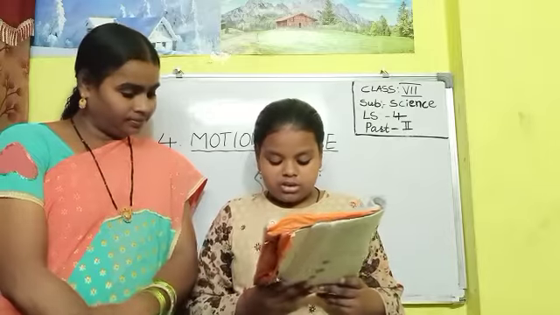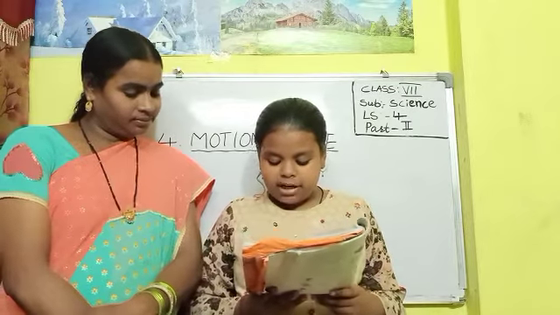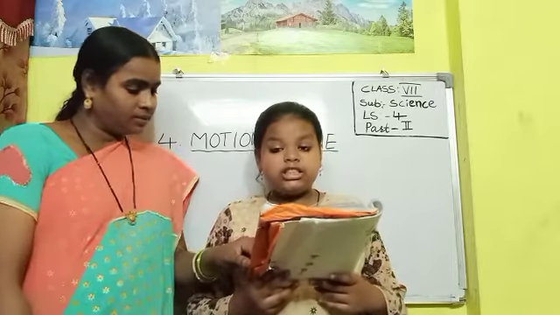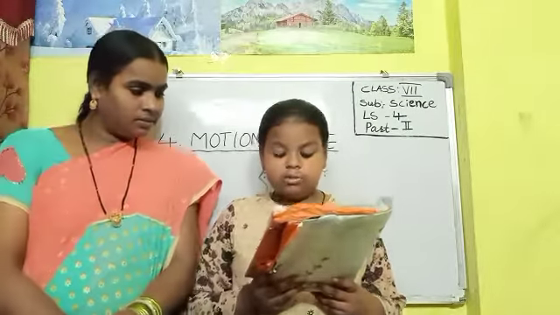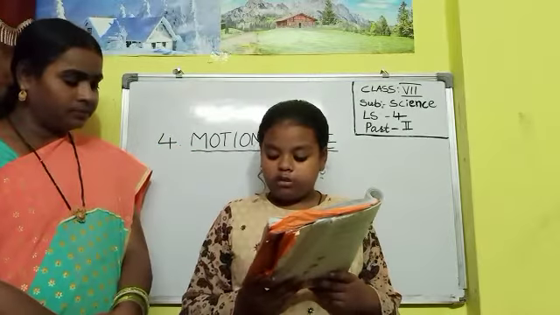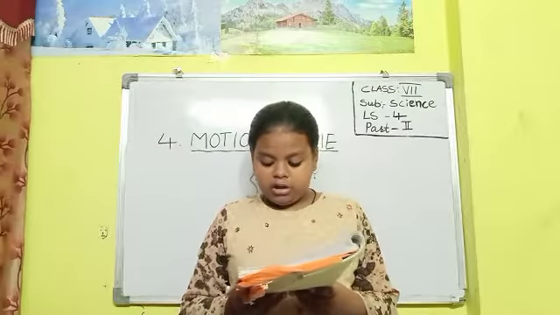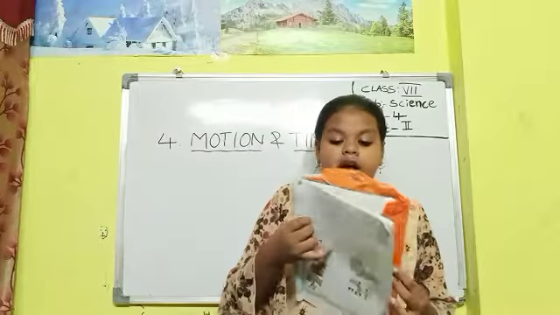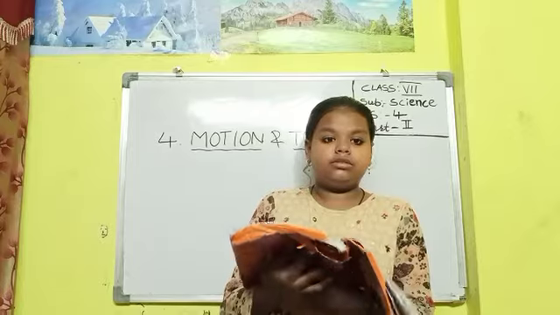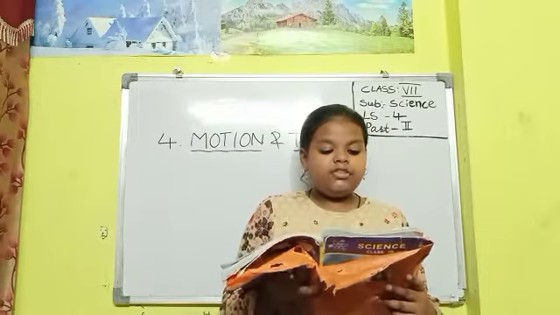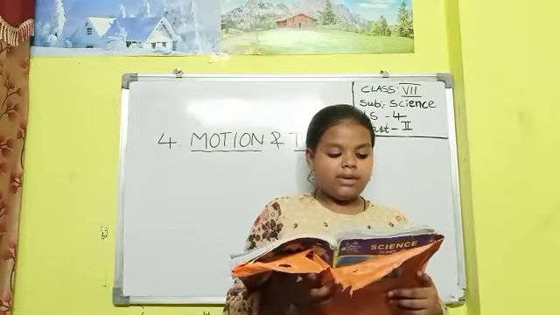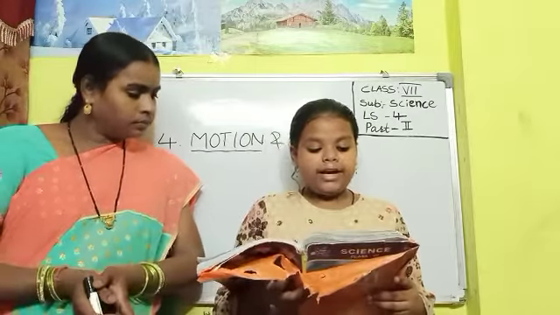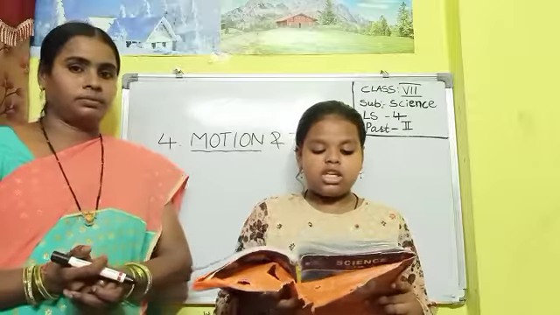If we critically examine the above mentioned motion, we understand that in each case the objects move backwards and forwards or upward and downward on either side of a fixed point or a line. For example, the girl on a swing moves backwards and forwards on either side of the rest position of the swing.